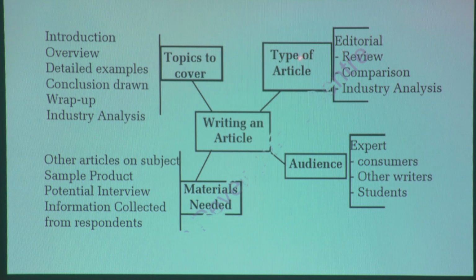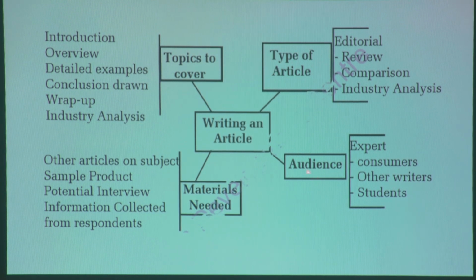Similarly, you also need to think of the type of article: editorial, review, comparison, industry analysis. What is the type? You can think about the audience: expert, consumers, other writers, students, or so on. While writing the article, you have to consider some materials, for example, other articles on subjects, sample product, potential interview, information collected from respondents.